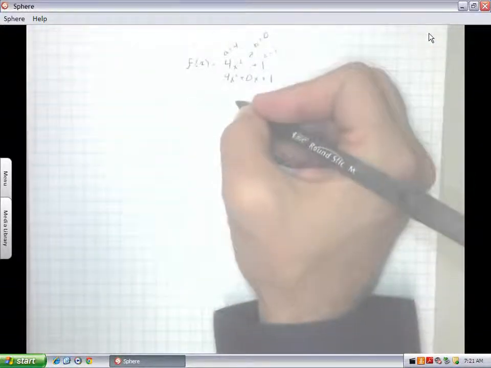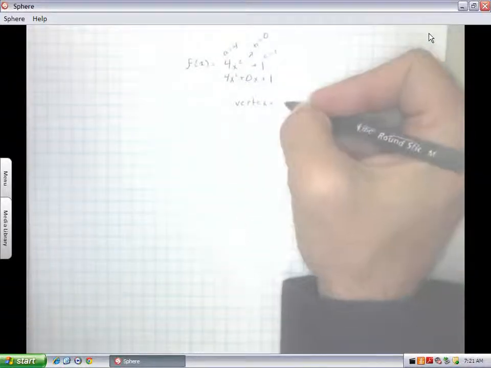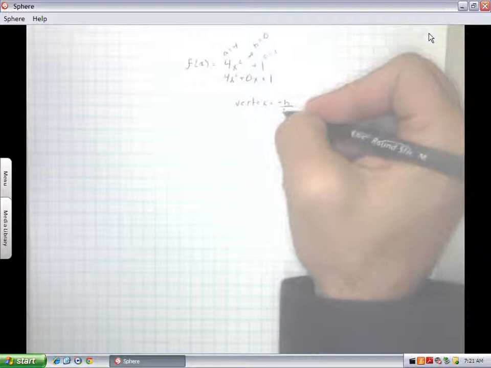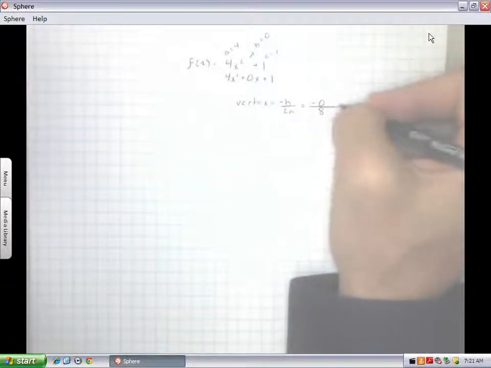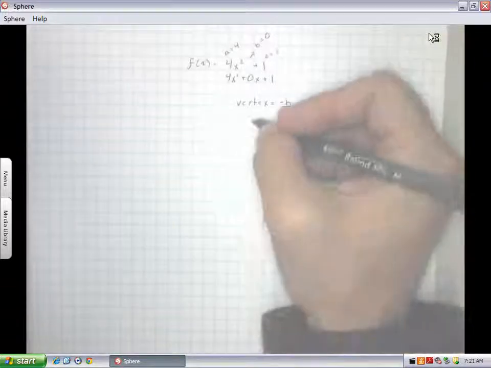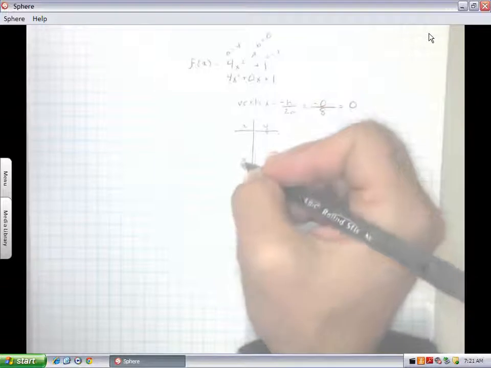So to find my vertex, I'm going to take negative b over 2a, which in this case would be negative 0 over 8, which is just 0. So again, x, y, 0, negative 1, negative 2, 1 and 2.